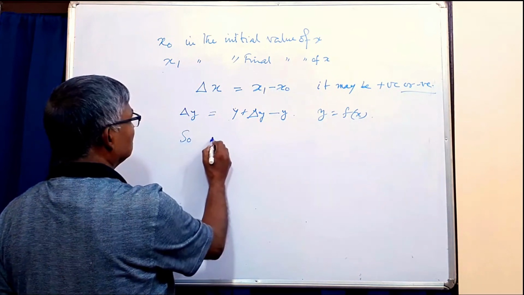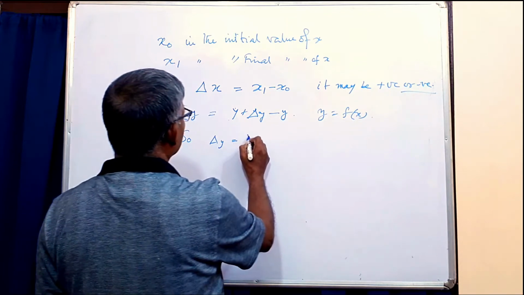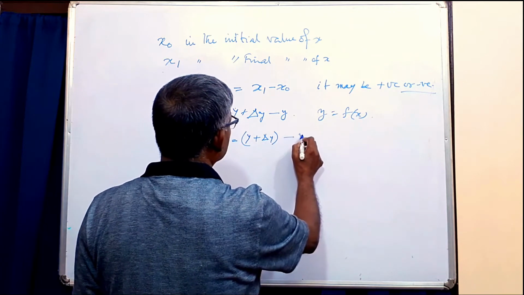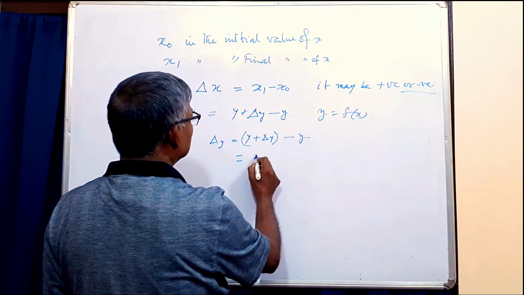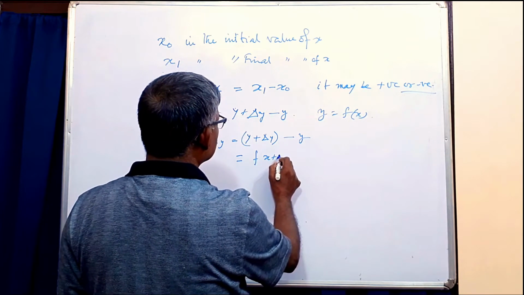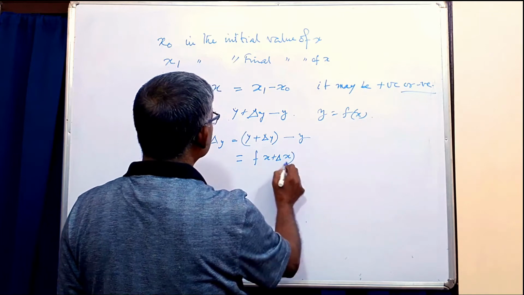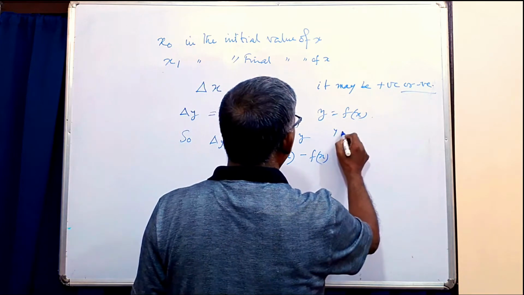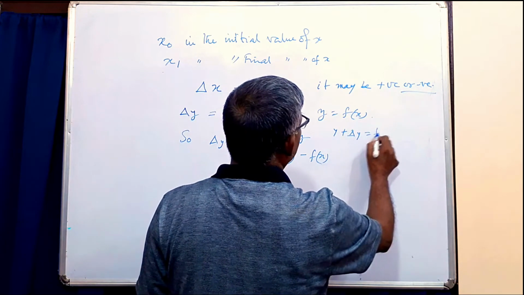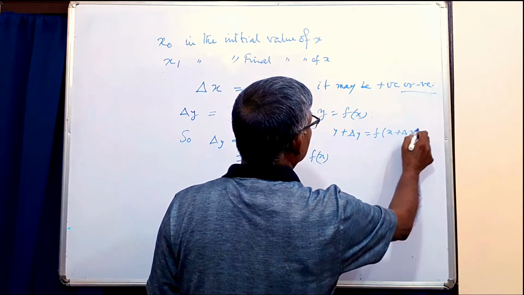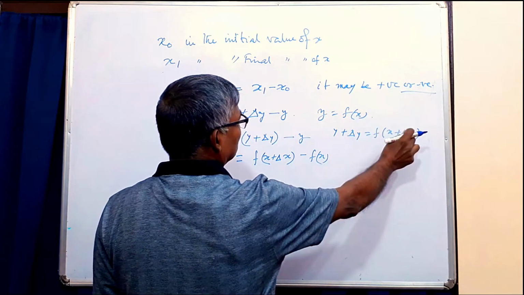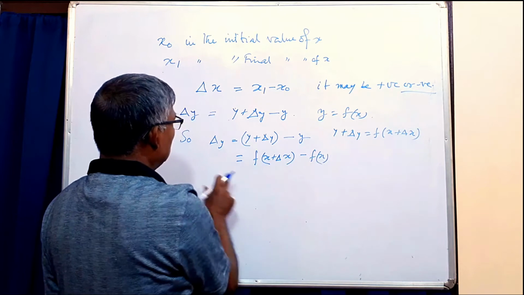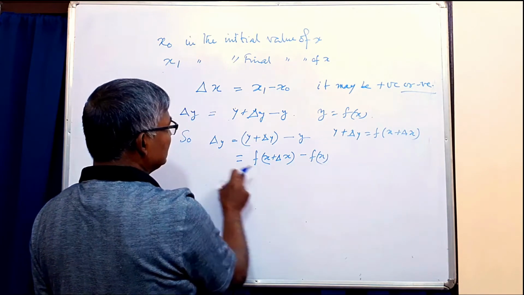So delta y means y plus delta y minus y, that is f(x plus delta x) minus f(x). Here we see y plus delta y means f(x plus delta x). When x changes, an increment is made, then there is an increment in y also. So delta y is this.